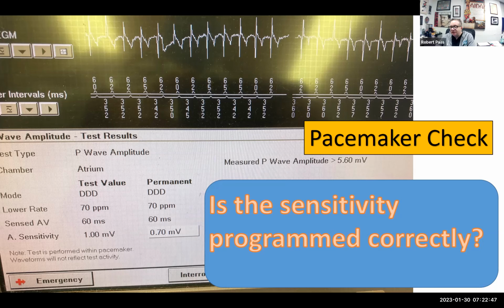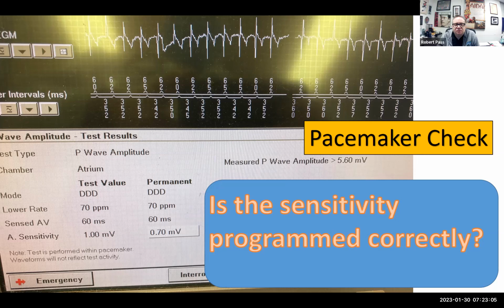By that, you mean less sensitive, is that right? Right. The absolute number to be higher to make it less sensitive. Just remind everybody that a higher number makes it less sensitive. Yes.